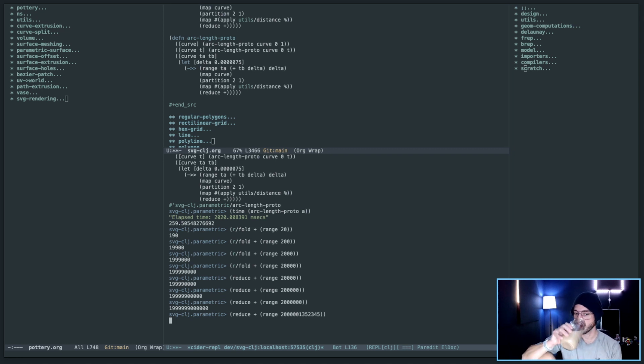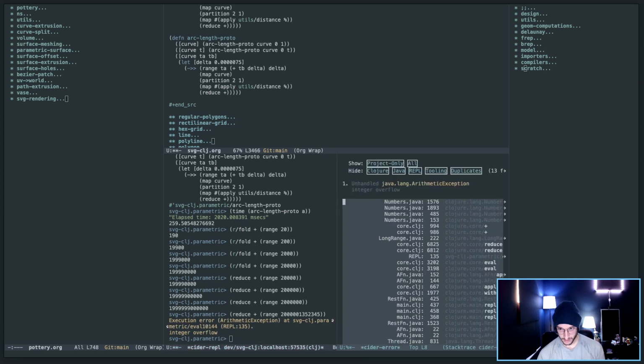It should hopefully not run out of memory, but really all I'm trying to do here is understand the reducers library enough to try to use it. Integer overflow.